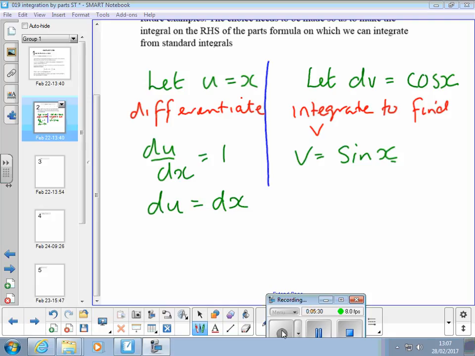But we can add the constant at the end of the process after we've inserted everything into the formula for integration by parts. So although technically there'd be a constant on there, at this moment in time we can leave it out.